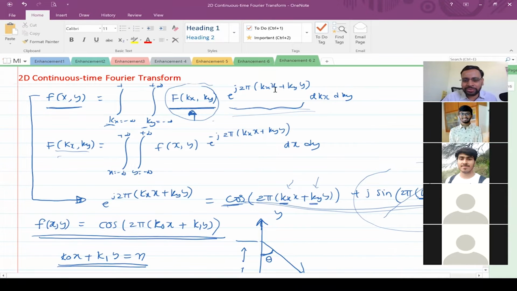So how do you deal with that? Because here x and y are going to be integers. So j times 2 pi times kx into x: beyond values of minus pi to pi, this is going to get repeated. So to deal with it more efficiently, you would be modifying the limits of it.